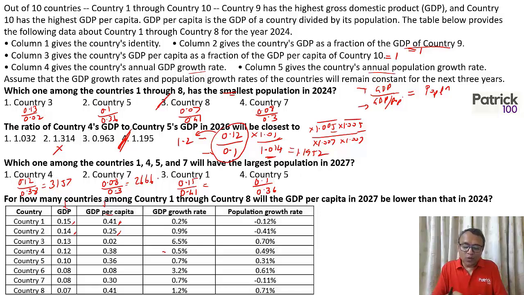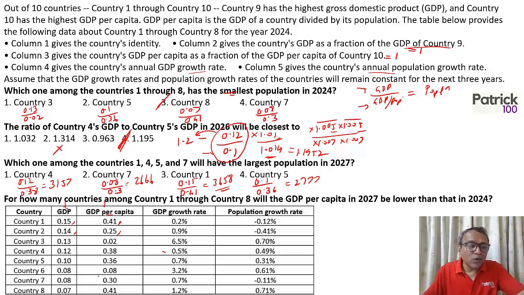Then 0.15 divided by 0.41, you will get 3658. And 0.1 divided by 0.36 will give you 2777. So you can make out that country 1 in 2024 has the highest population.